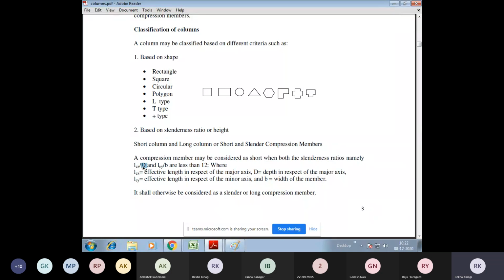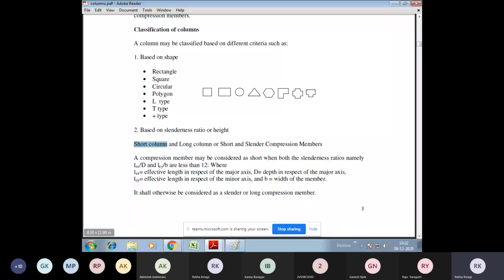If these both values are less than 12, then we say that it is a short column.